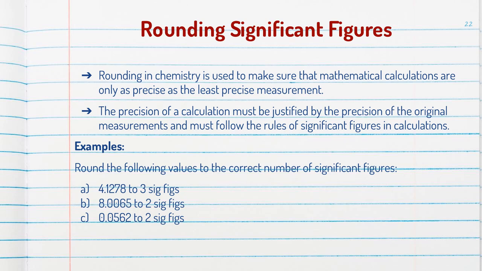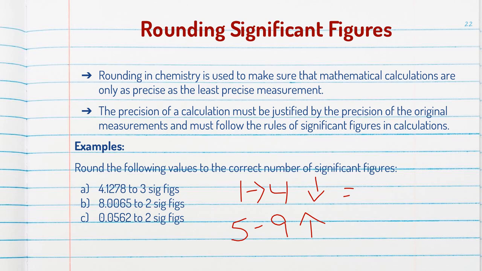So numbers 1 through 4, we round down. Then 5 through 9, we round up. So if I look at example 1, I have 5 sig figs and I want 3 sig figs, right?